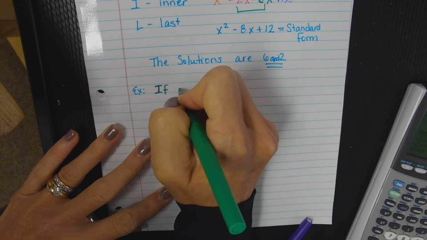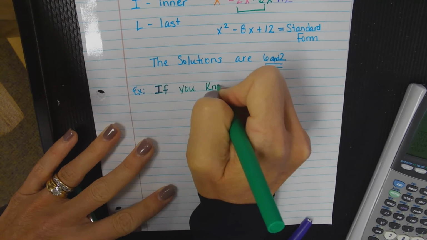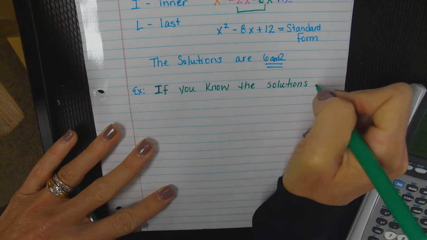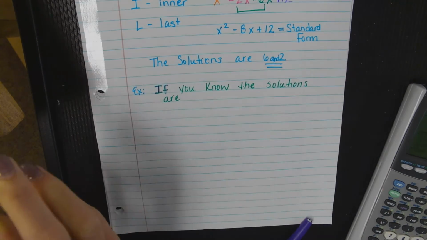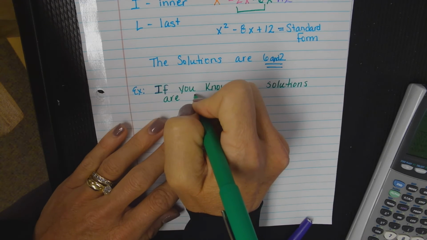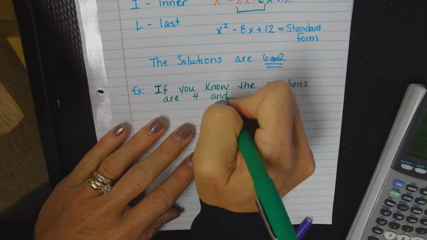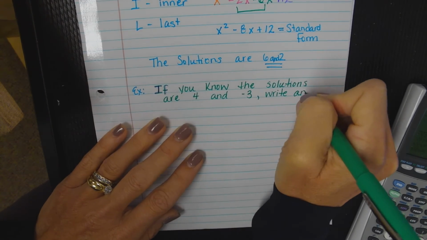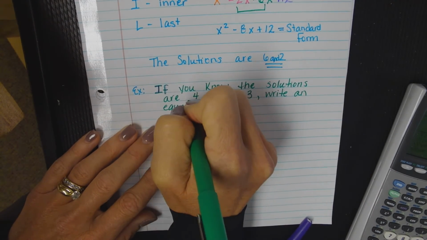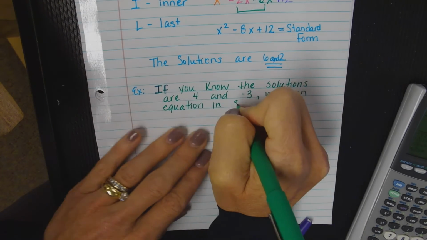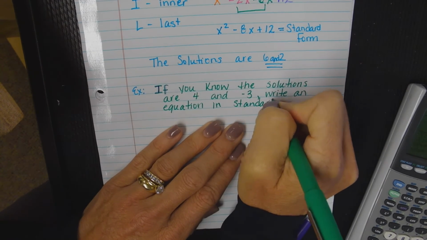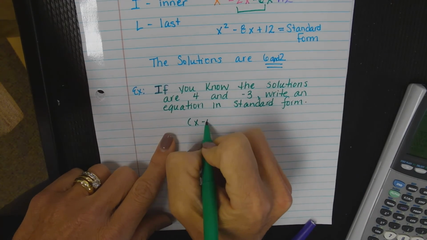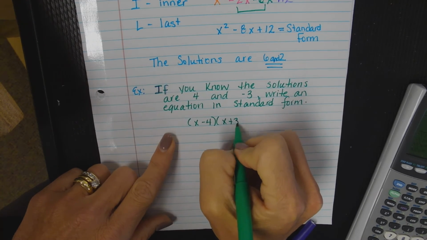If you know the solutions are 4 and negative 3, write an equation in standard form. So what that means is x minus 4, x plus 3.